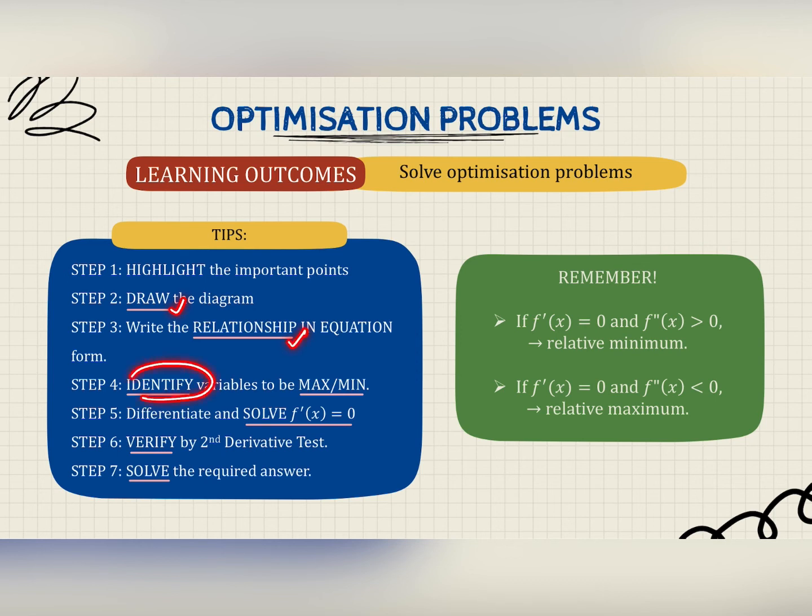Okay, so kamu tahulah identify yang kita nak maximiskan area. Okay, so macam mana kita nak maximize area, kita kena dapatkan value of x dahulu. So that's why kita kena guna first derivative test, dapatkan kita punya value of x. And then kita gunakan second derivative test untuk make sure betul tak x yang kita dapat tu kita nak maximizekan dia. And then last kali kita solve.